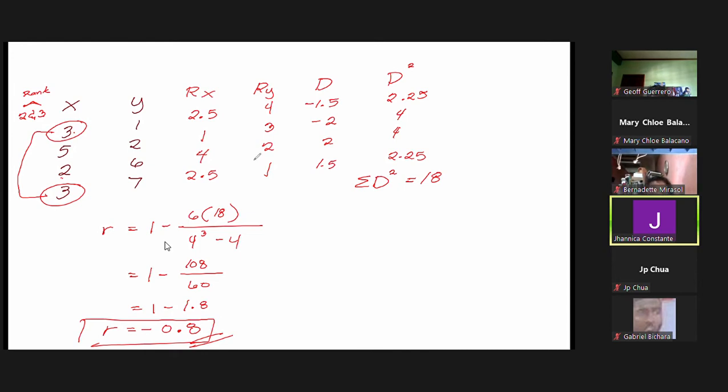So what if there are the same numbers for X and Y? For example, this one.